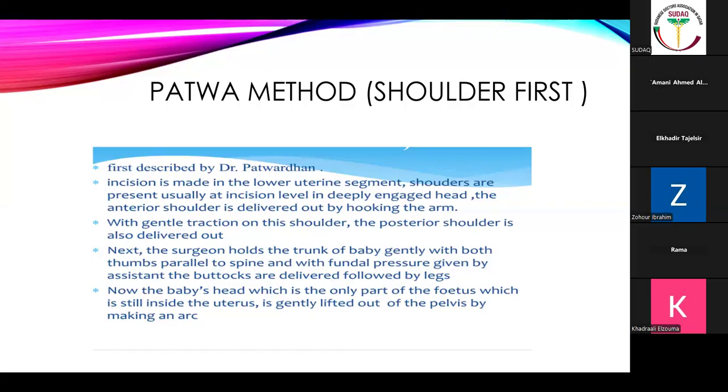Once all the body is out, the only remaining part is the head, and you deliver it the same way as a head in a breech. You put two fingers around the neck of the baby, pull gently, and pull the head out of the deep pelvis.